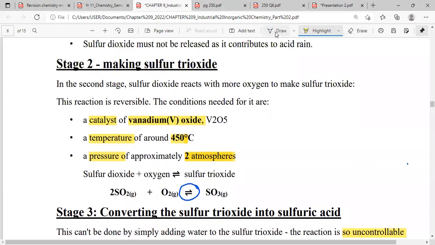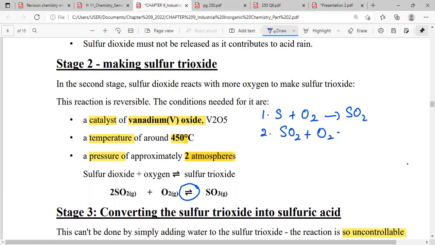So this is how the sulfuric acid is formed, and these are the different steps in the making of sulfuric acid. Basically these are the 4 equations that you need to know. Sulfur burns in oxygen to form sulfur dioxide. Sulfur dioxide reacts with more oxygen to form sulfur trioxide.